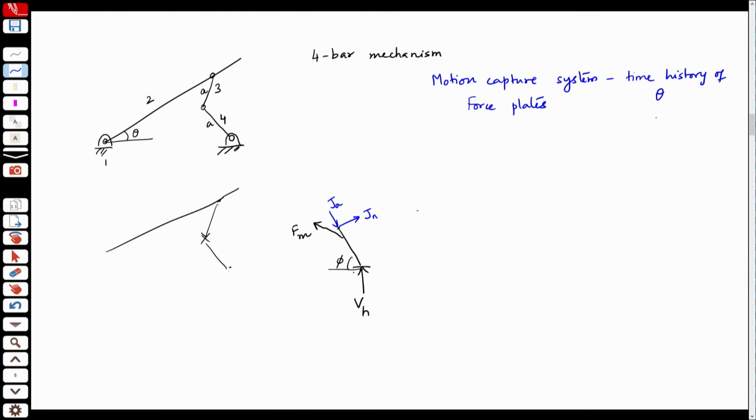So, you can find theta as a function of time, which means you can find theta, theta dot, theta double dot, and then you would have force plates which directly measure the contact forces with the ground.